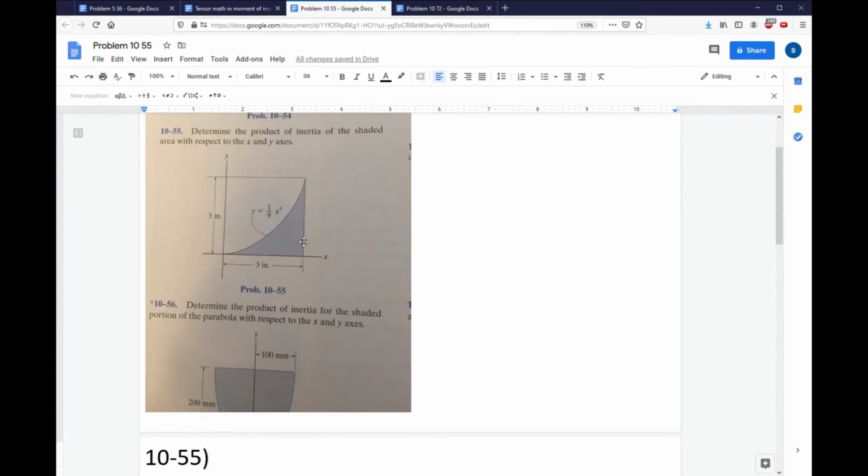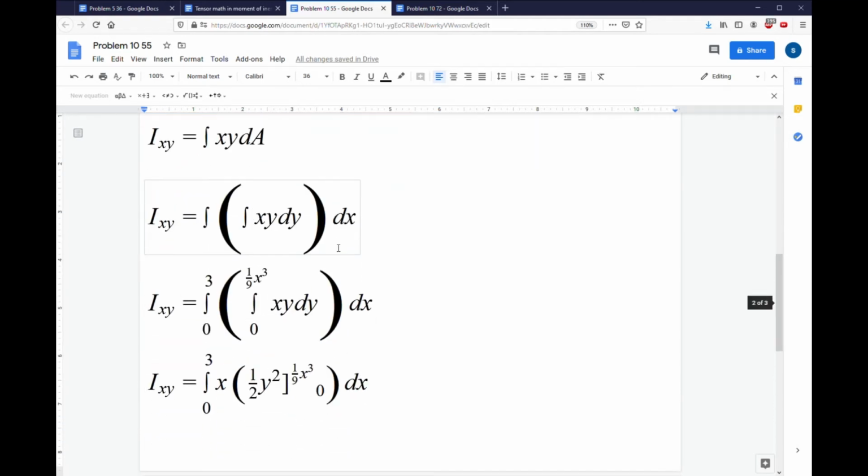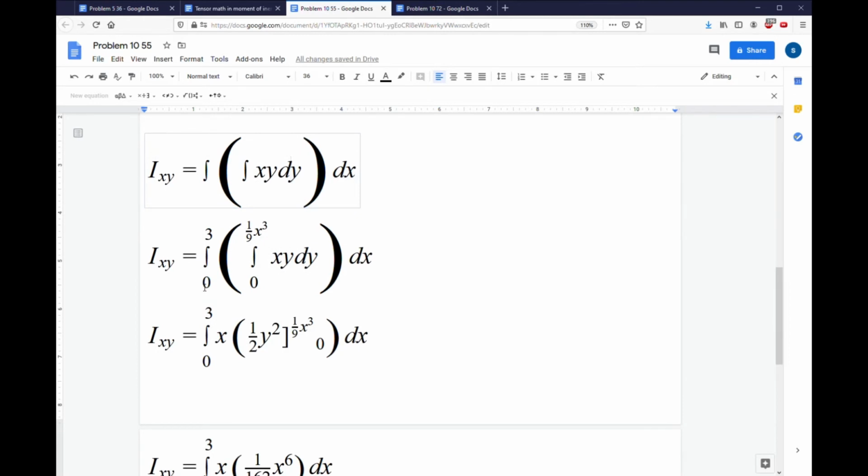For the outer integral, we ignore this bound altogether because this boundary only affects these vertical stripes. Horizontally, x can be anywhere from 0 to 3 inches. So the outer integral is from 0 to 3.